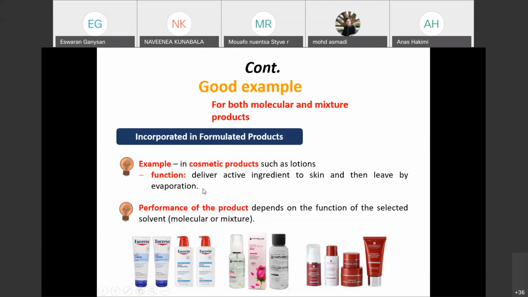This is what I told you: it is a liquid solution at 25 or 30 degrees C, but when you apply it on your skin, it is going to evaporate. The performance depends on the function of the selected solvent or molecule of the mixture. So this is an example of molecular and mixture blended products. Any questions about this example of mixture blended as well as molecular products?